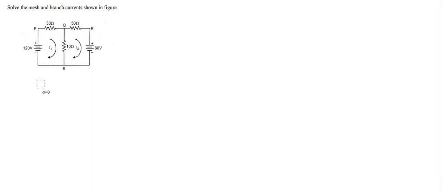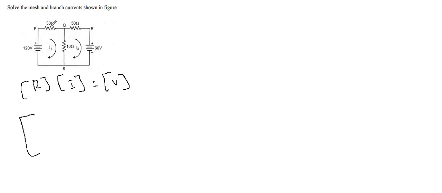So here by inspection method, R into I is equal to V. So for the R matrix, for R11, it is the first loop resistance, so 30 plus 10, so it is 40.